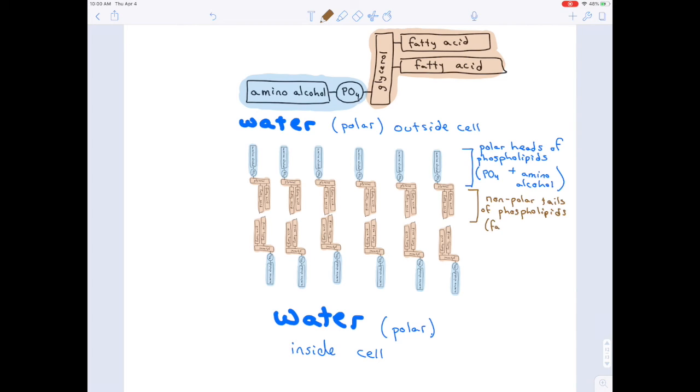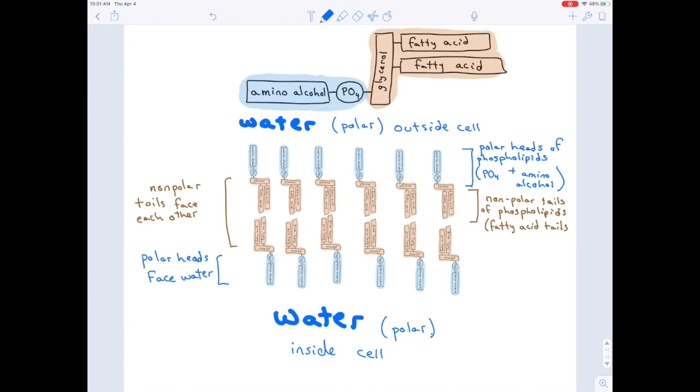Those are the fatty acid tails that we saw up here. Notice that the nonpolar tails face each other, and that the polar heads face water.